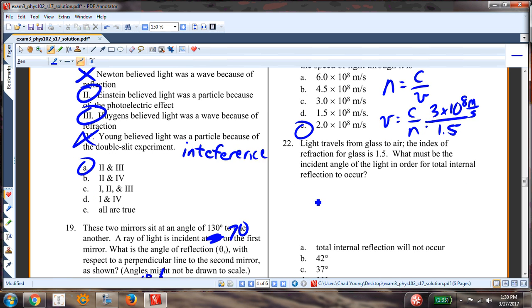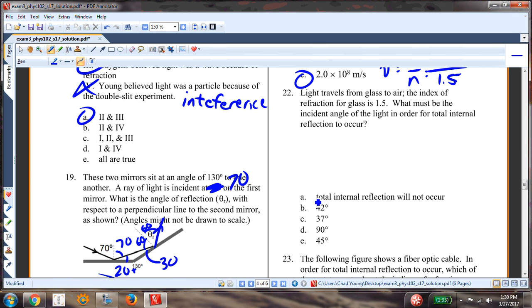Light travels from glass to air. The index of refraction for glass is 1.5. What must be the incident angle for total internal reflection to occur? All right, so it's traveling from glass to air. I already know that it is going to occur because it's going from a high index to a low index. It's just like a fiber optic cable, right? It's glass or plastic, so it goes from a high index to low index. That means that it's going to bend away from the normal, and I want to know it such that this angle is 90 degrees.